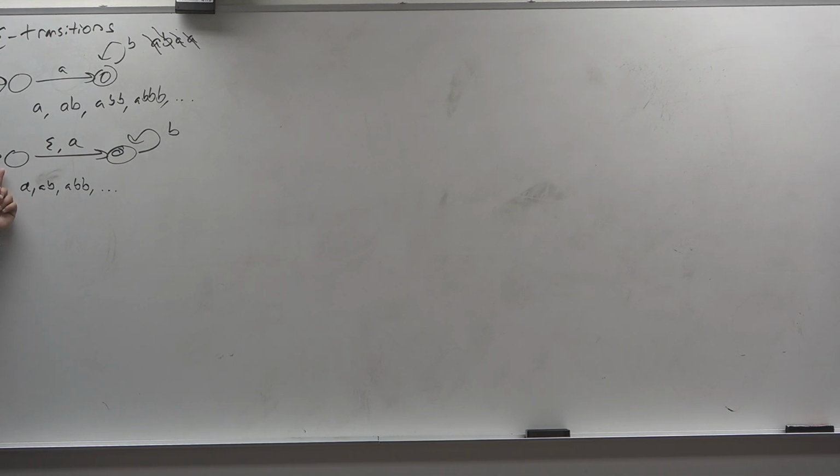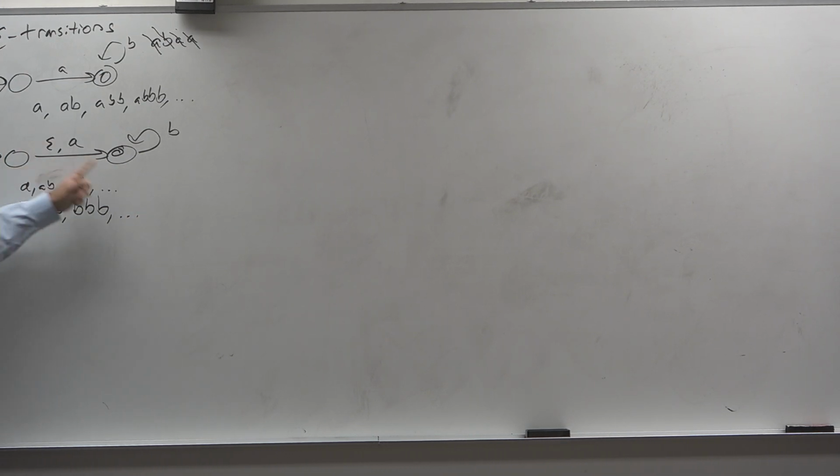What happens here is you take the epsilon transition, and then you can take the number of B's. So by having two transitions, one with an A and one with an empty string, the epsilon, it means that you can choose whether or not you take the A. So this will in fact accept B, BB, BBB, and so on.